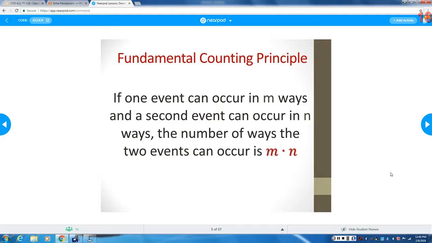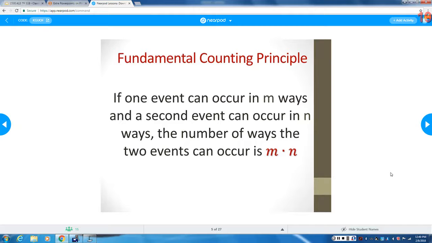Okay, so here we are in the notes. If one event can occur m ways and the second event can occur in n ways, the number of ways the two events can occur is m times n. This is the fundamental counting principle, or they changed its name. It used to be called the fundamental counting principle.